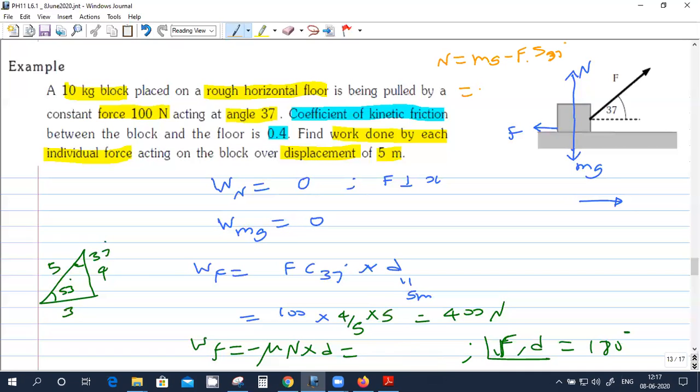So it is mg minus 100 sine 37. Sine 37 is 3 by 5, right? So 100 into 2 by 5, 20, so is it 40 normal reaction?